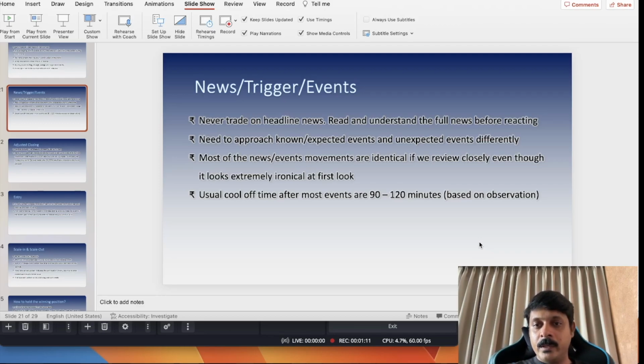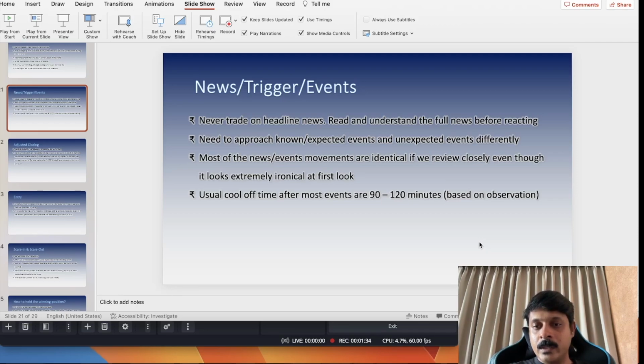So be alert on that. Don't just blindly go short on expected bad news. And most of the news events are identical, and the reaction time is about 90 to 120 minutes. There are a lot of charts I collect on a day-to-day basis, and I update the notes also.